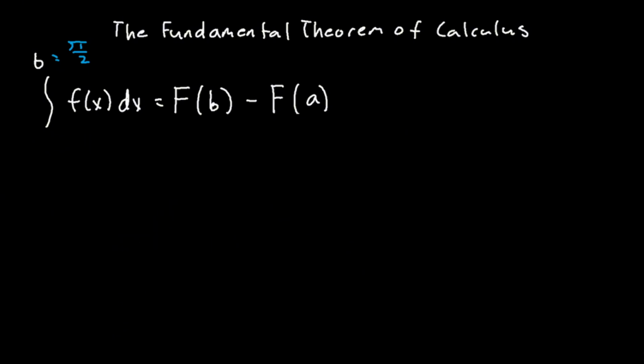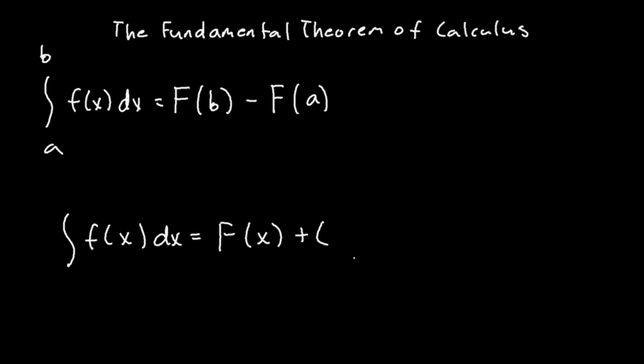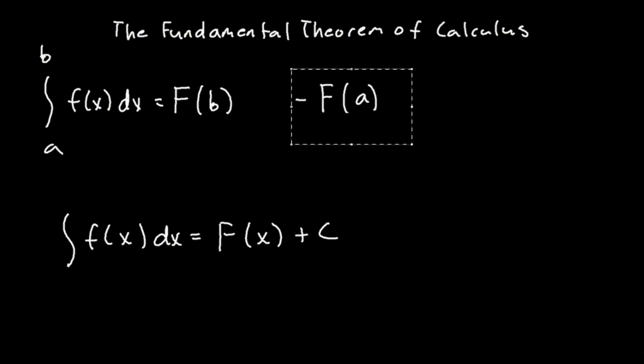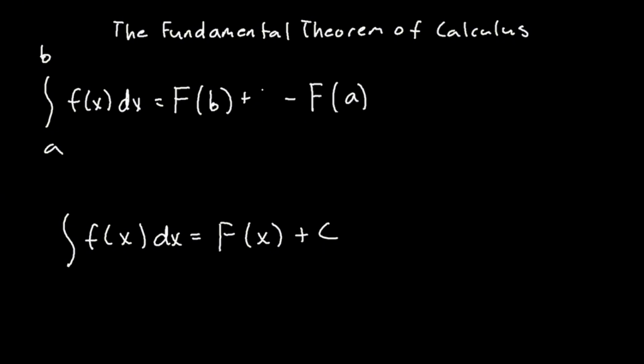And now we can talk about the arbitrary constant. So essentially what happens is if you take the integral of some function, right, you get an antiderivative, and you have the arbitrary constant, right? But what happens is if you have the fundamental theorem of calculus, you put a plus c here and a plus c here.